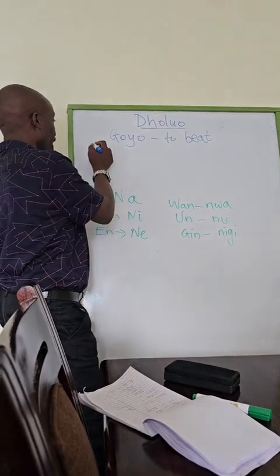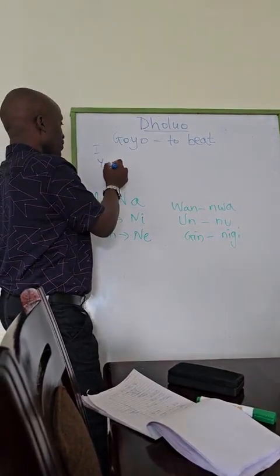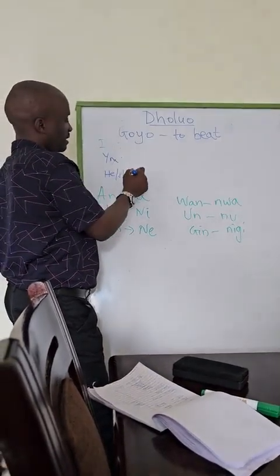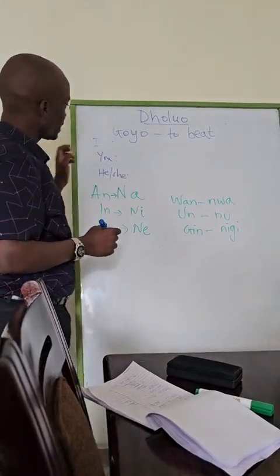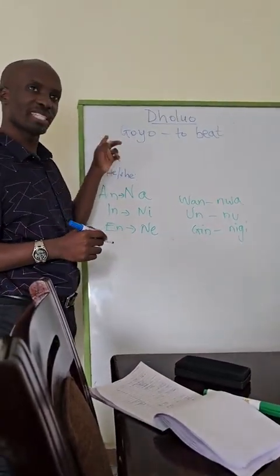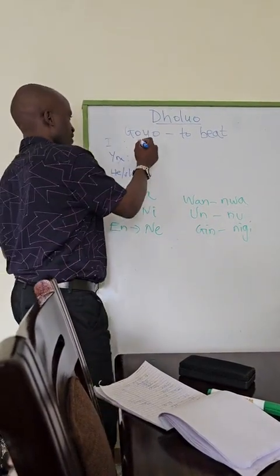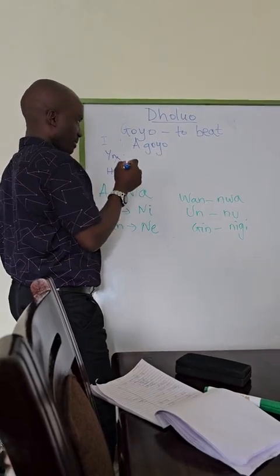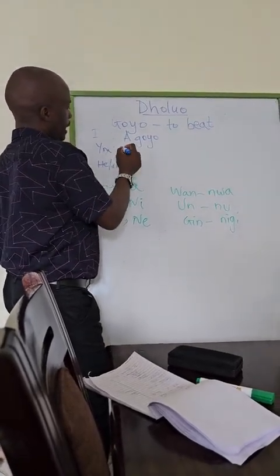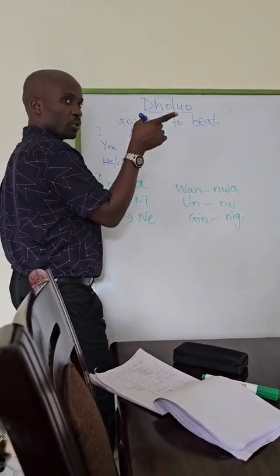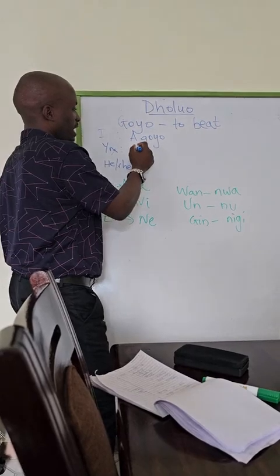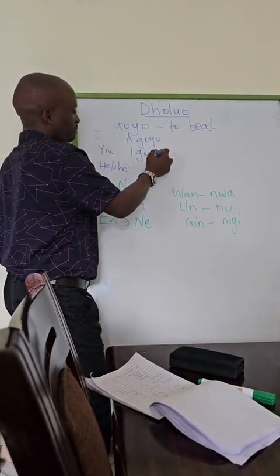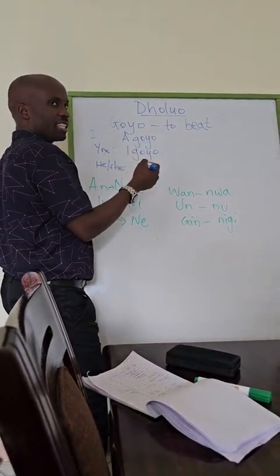Again, you want to conjugate with I, you, he or she. You remember? And I said for I, it starts with what? Yes. So it will just be agoyo. Alright? You? It starts with I. Igoyo. He or she?